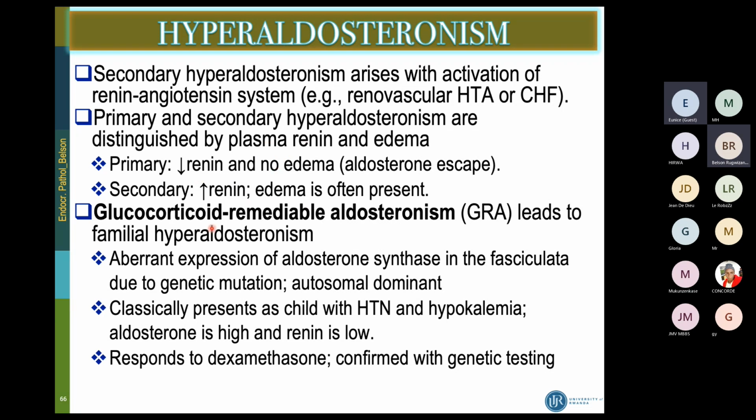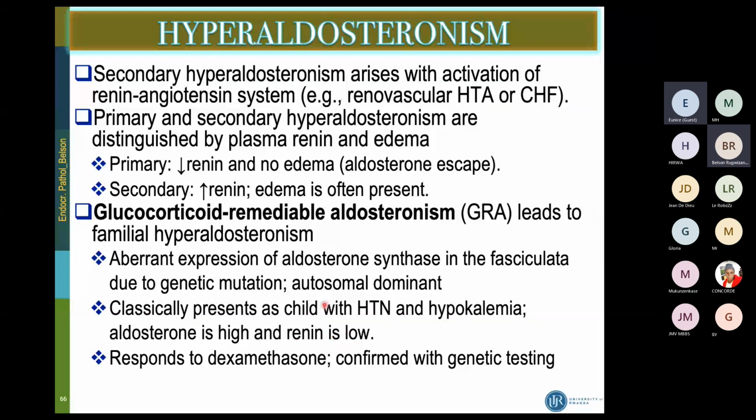So glucocorticoid remediable aldosteronism is familial and so on. There is aberrant expression of aldosterone synthase in the fasciculata due to a genetic mutation inherited in an autosomal dominant way. They present as children with hypertension and hypokalemia, and the aldosterone is high, while the renin is low.